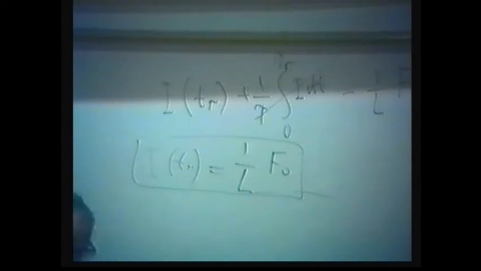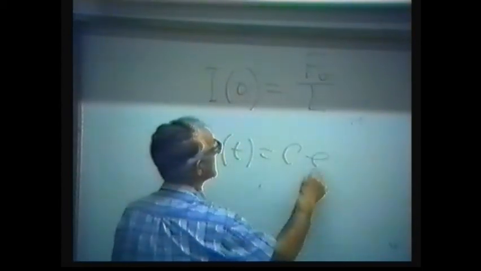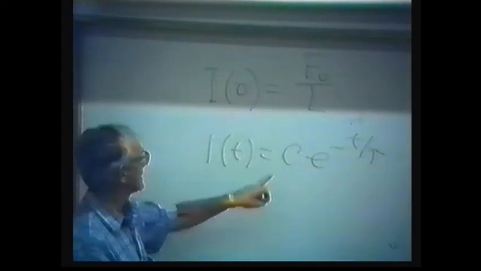Now we are in good shape. If in the limit we assume ramp time is equal 0, we can simply write current at the first moment equal primary flux divided by L. Please remember our current which we found, C T tau. Can we, comparing these two formulas, find the constant?